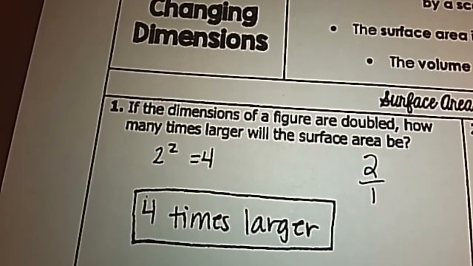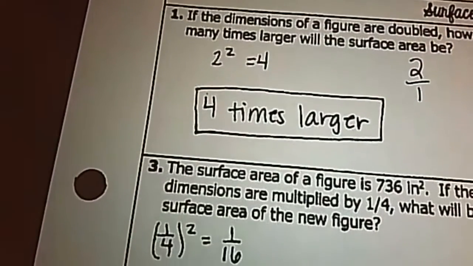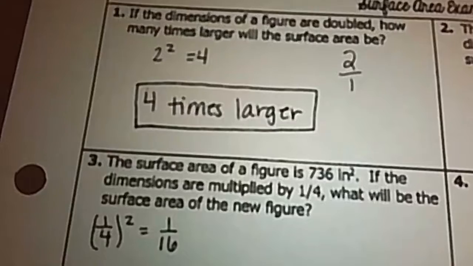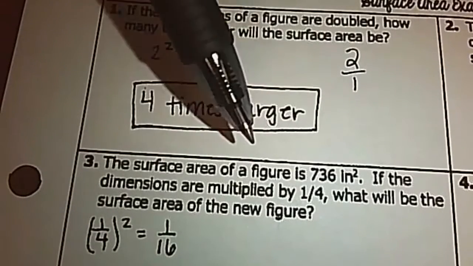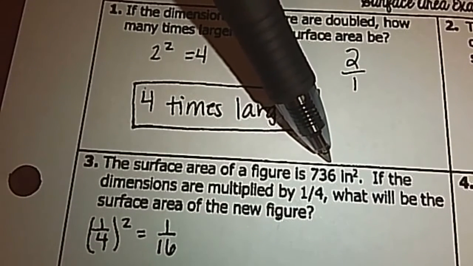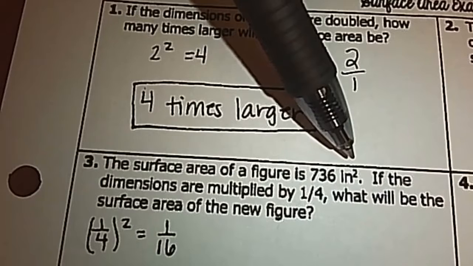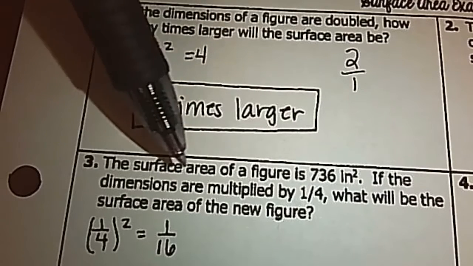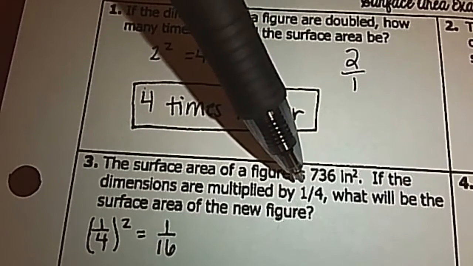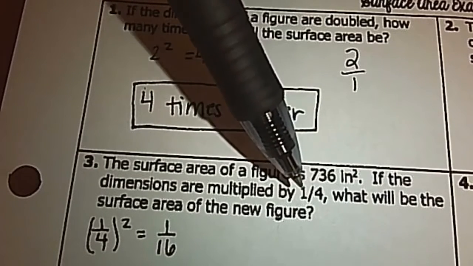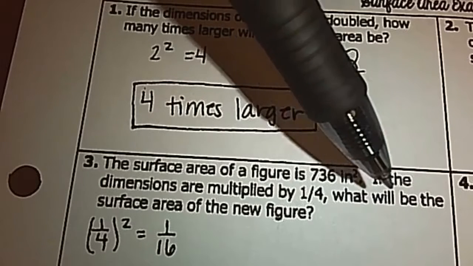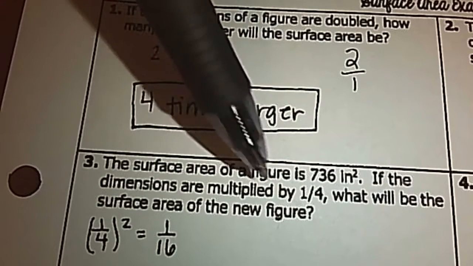Now let's move on to number 3 here. The surface area of a figure is 736 inches squared. If the dimensions are multiplied by a factor of 1 to 4, so it's 1/4, what will be the surface area of the new figure?